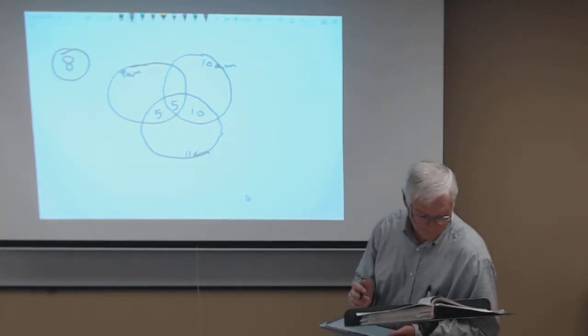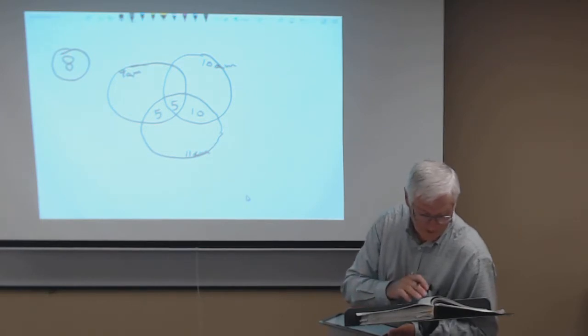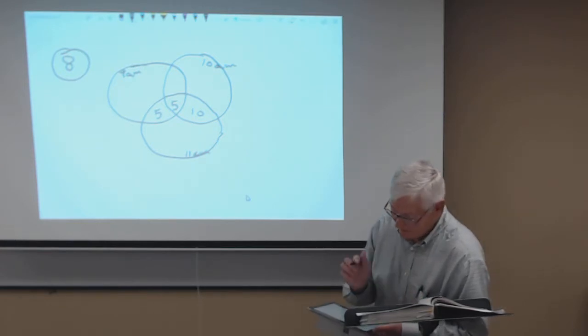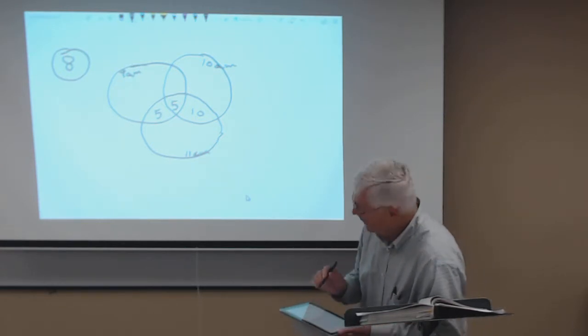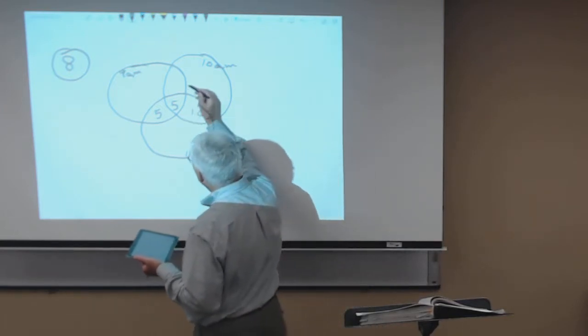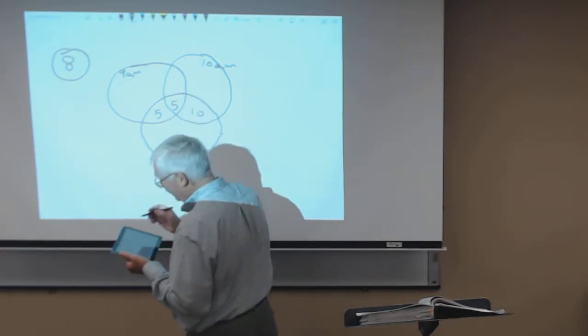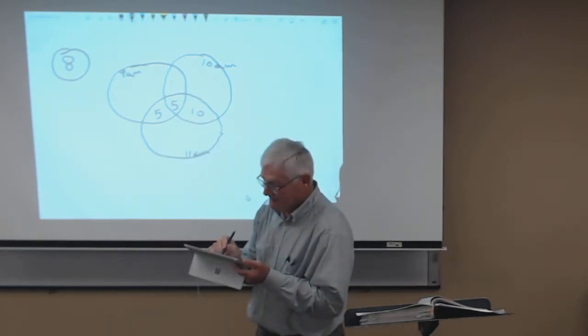Good. Where were we? Move up one more line. 20% have 9 and 10. Here's 9 and 10. What percent are right in here? 20? If I already have 5, what number goes here? 15.